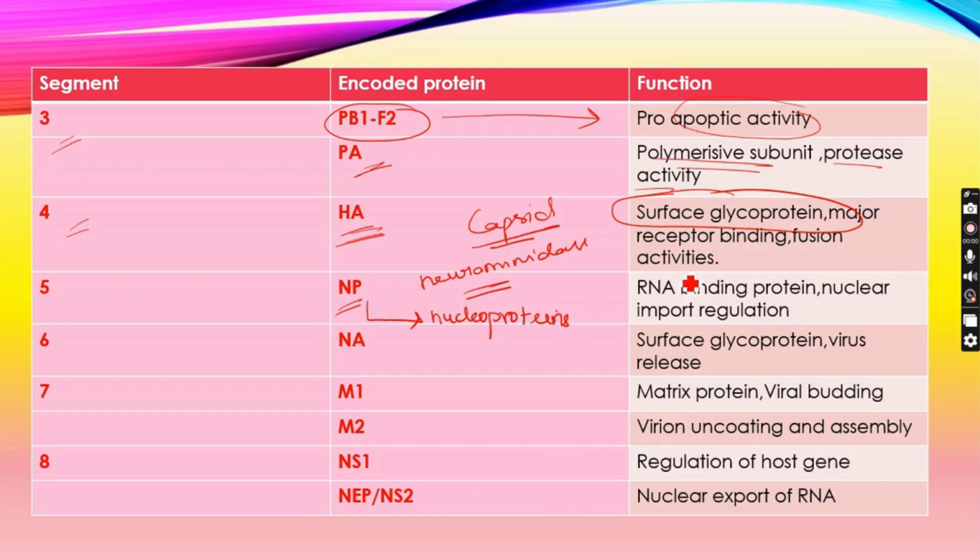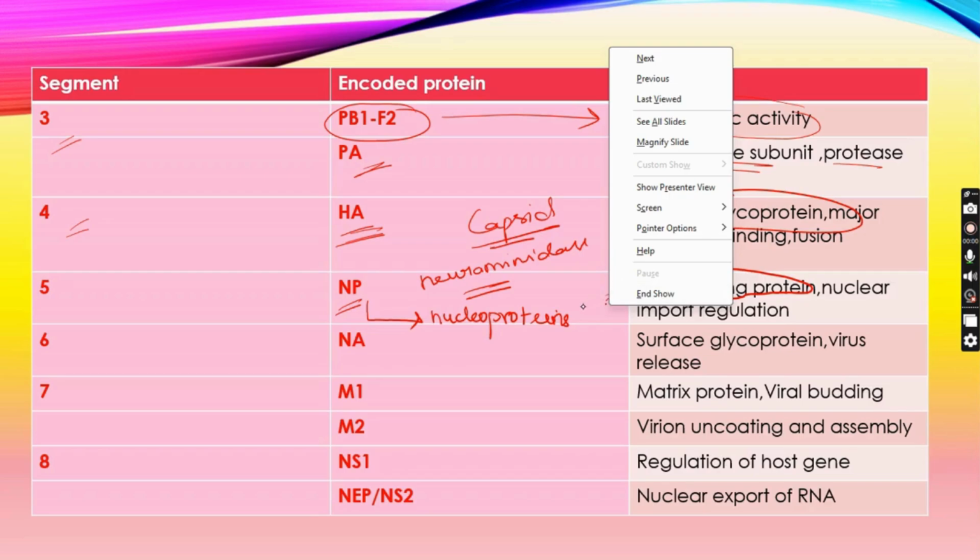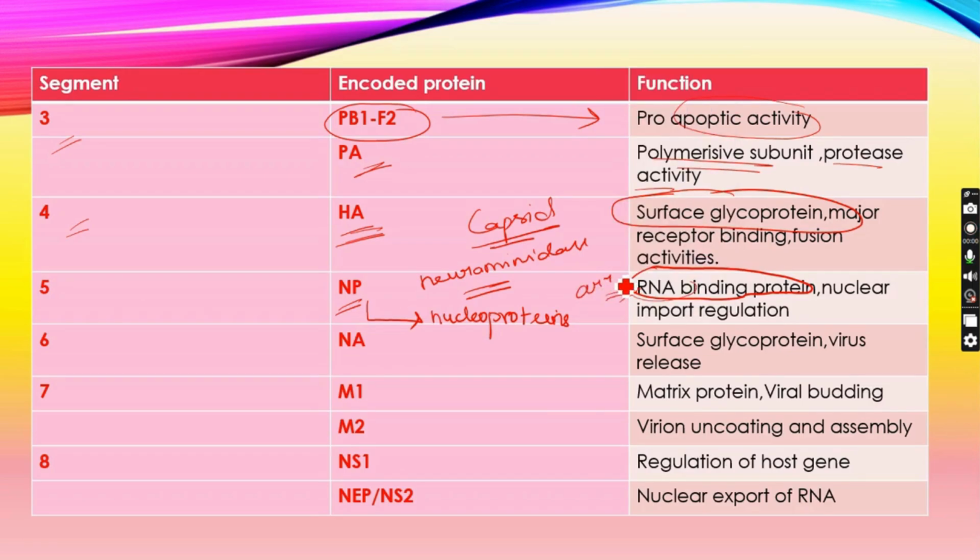These proteins are involved in binding to the RNA and nuclear import regulation, which involves importing of nucleic acids. It binds to the RNA to be synthesized. After it gets attached to the RNA, it leads to arrangement of capsid protein over it and causes its packaging.